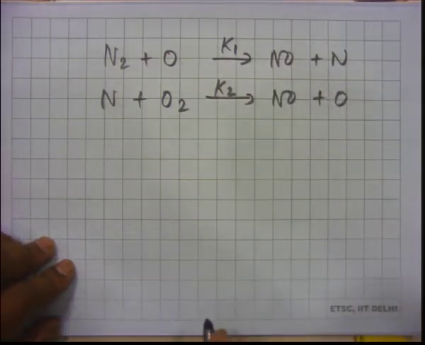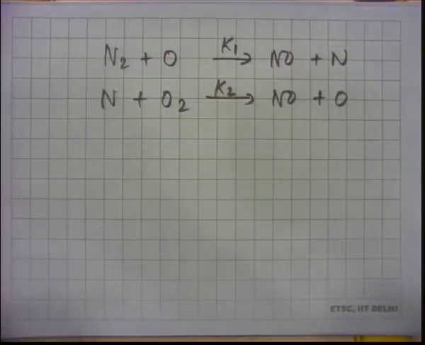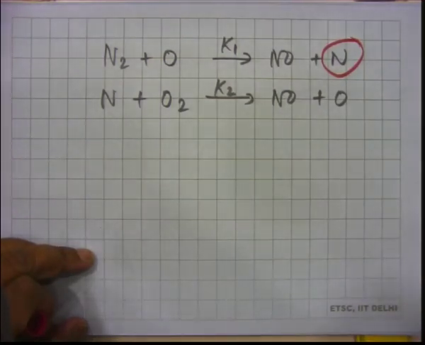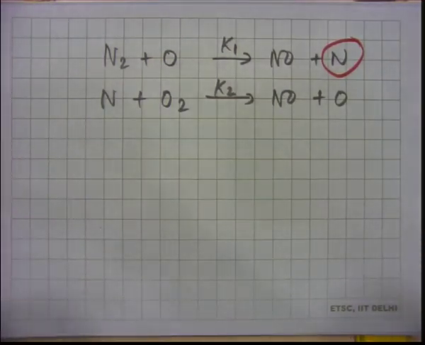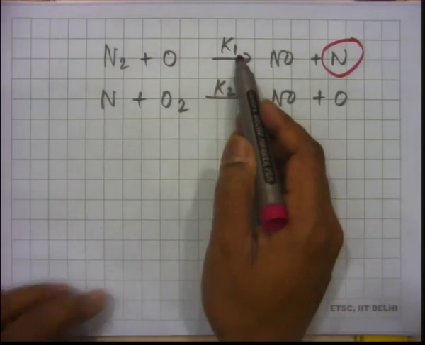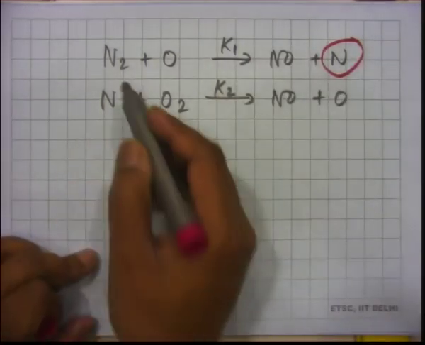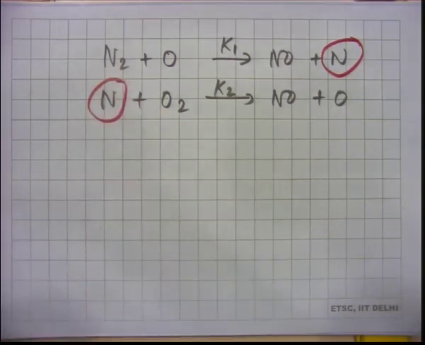This is like A going to B and B going to C. We have this N getting produced, which is an intermediate formed by a first reaction which is typically slow, and this same intermediate gets consumed in the second reaction.